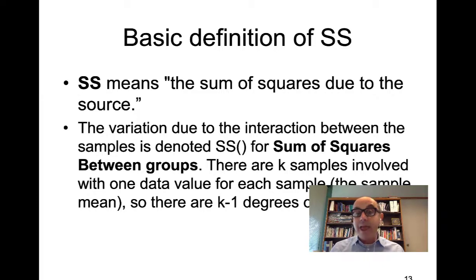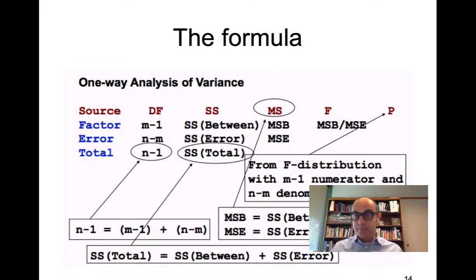The variation due to the interaction between the samples is denoted by SS, the sum of squares between the groups, and there are K samples involved with one data value for each sample, so there are K minus 1 degrees of freedom.